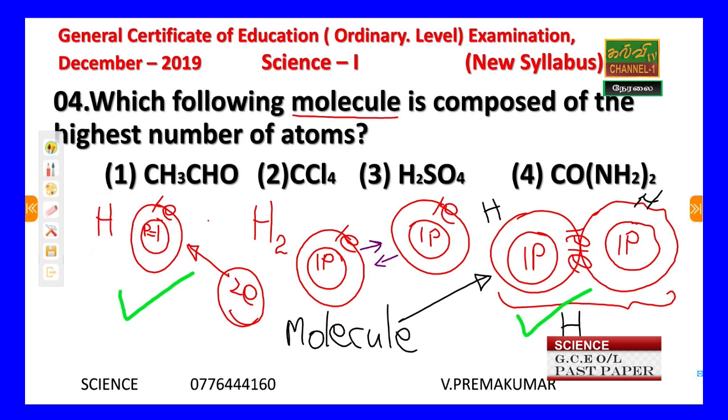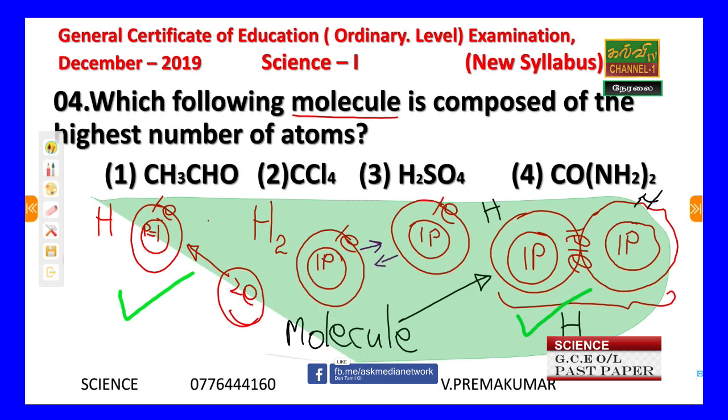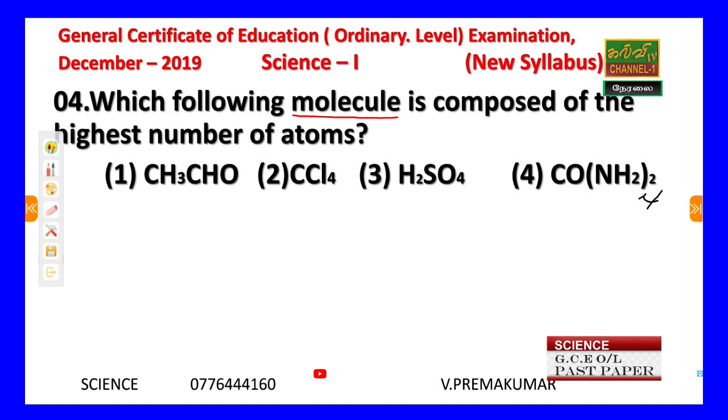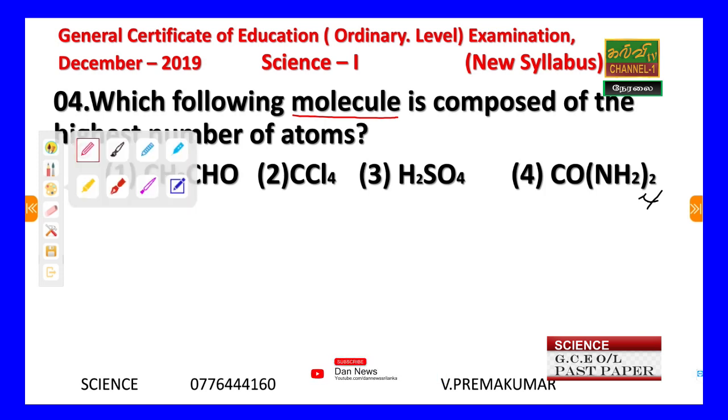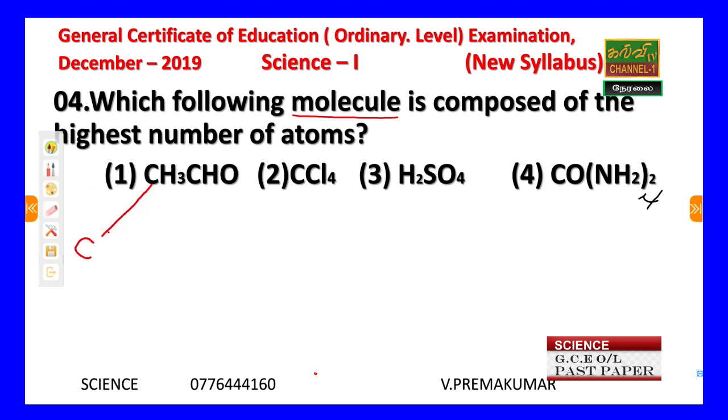Right? Atoms and molecules. Now see the question: which of the following molecules is composed of the highest number of atoms? Here, this is a carbon atom, 1 carbon atom.